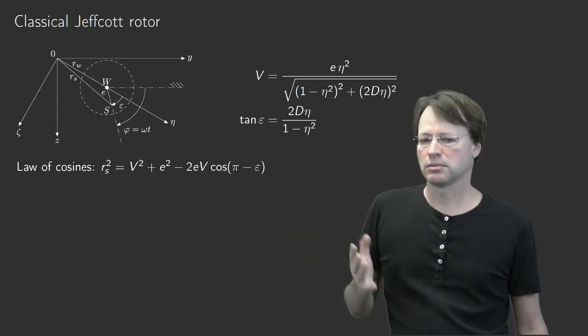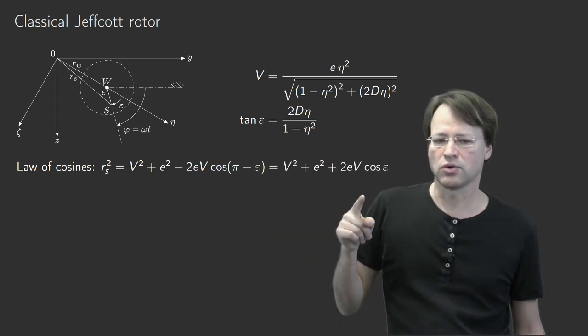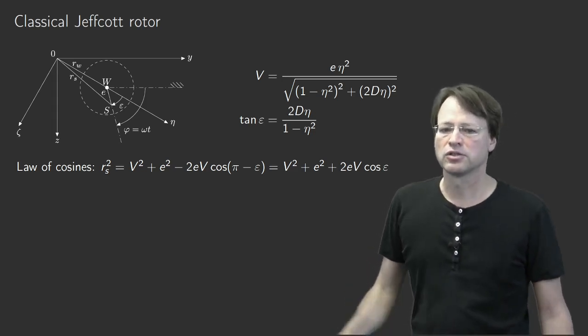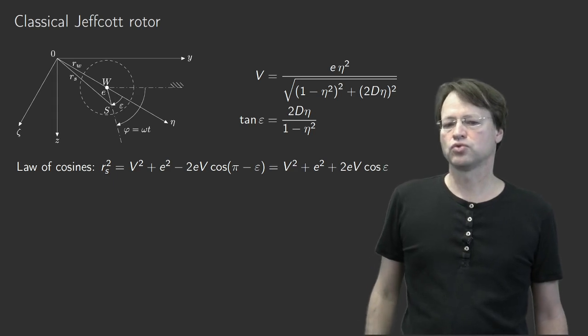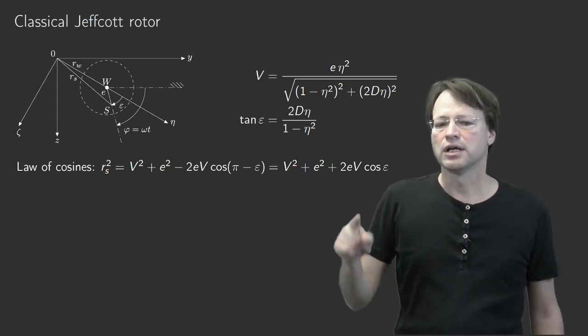We can modify it. It contains the cosine of epsilon. So we have V squared plus E squared, and then we change the sign and we have plus 2 times E times V cosine epsilon.